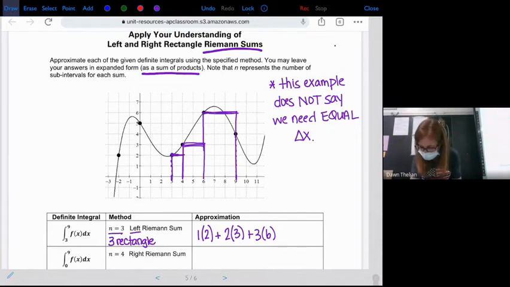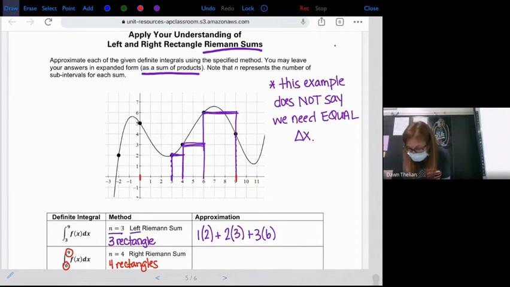The next one wants the whole interval from 0 to 9. So that's one part of this exercise, to pull out the interval from your definite integral symbol. But now they want me to make 4 rectangles using a right Riemann sum, which means when I draw the rectangle, I have to be starting on the right side and then drawing the height backwards.